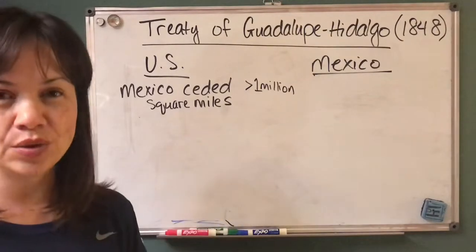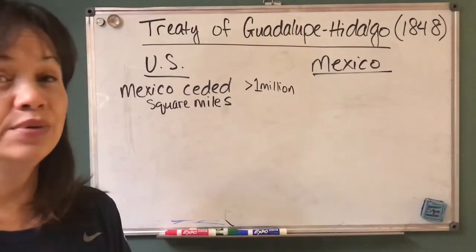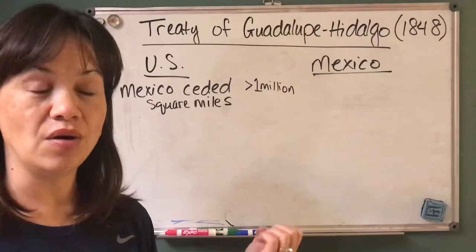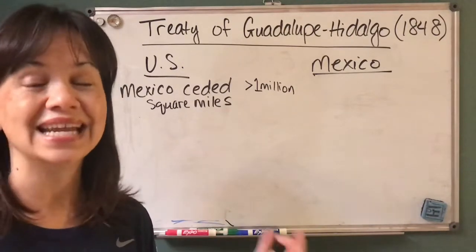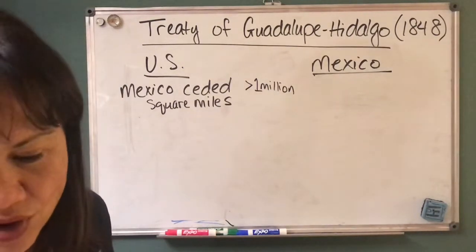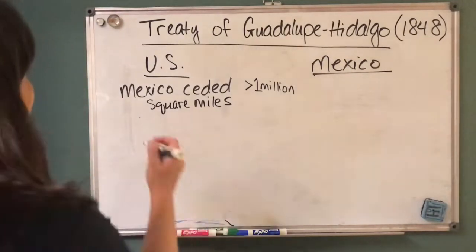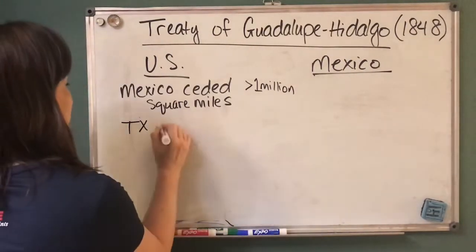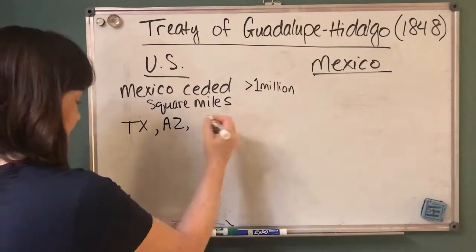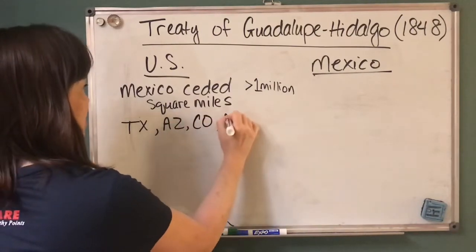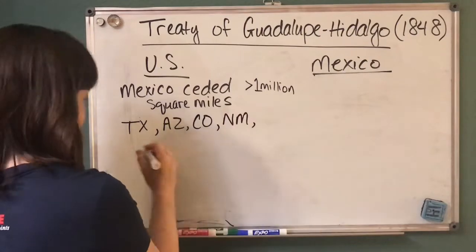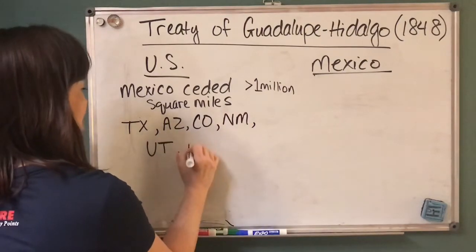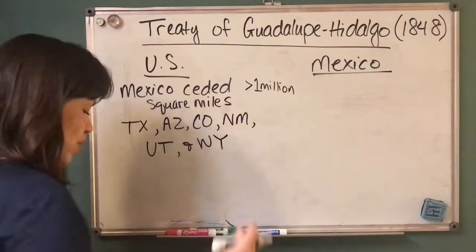This is bigger than the Louisiana Purchase, and it was about a third of Mexico's total land at that time. So this includes modern day Texas, Arizona, Colorado, New Mexico, Utah, and Wyoming.